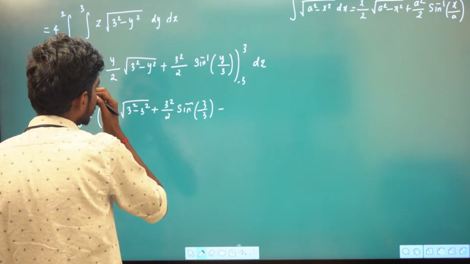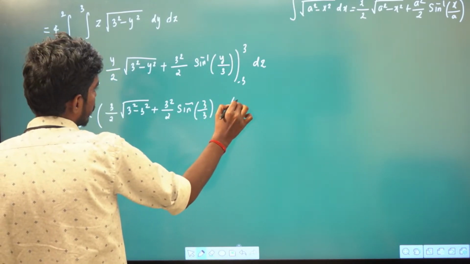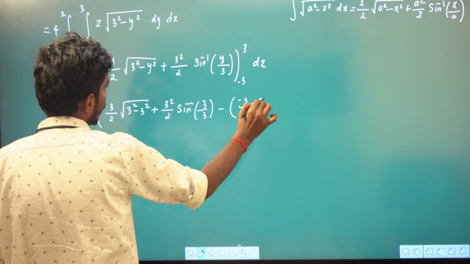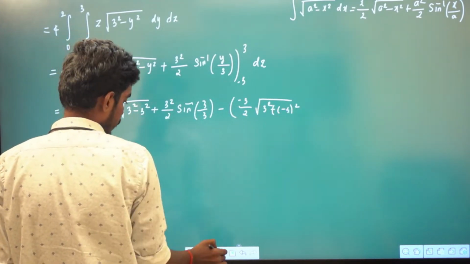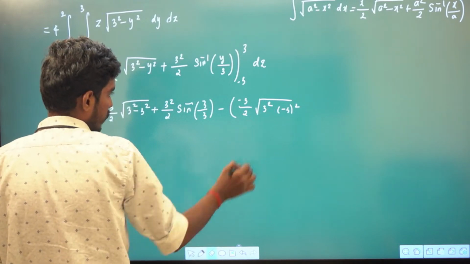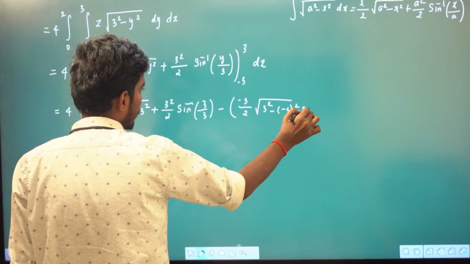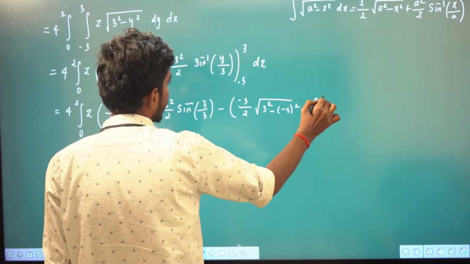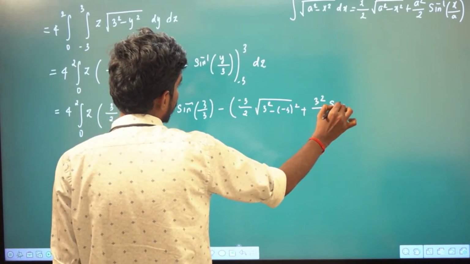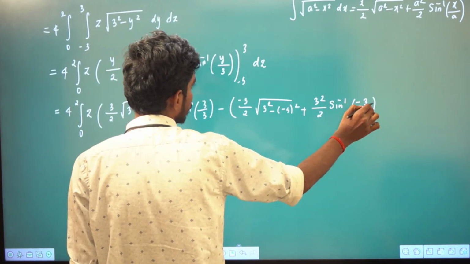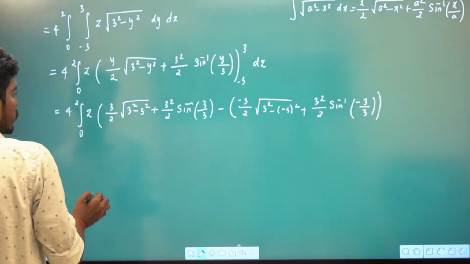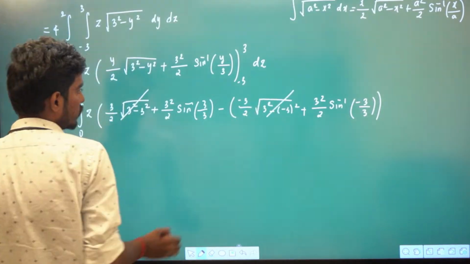The lower limit is minus 3 by 2 root of 3 square minus 3 square, plus 3 square by 2 sine inverse of minus 1. Or you can also take this as an even function. So this will be 0, this will be 0.